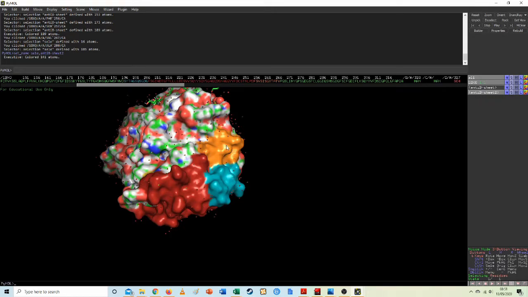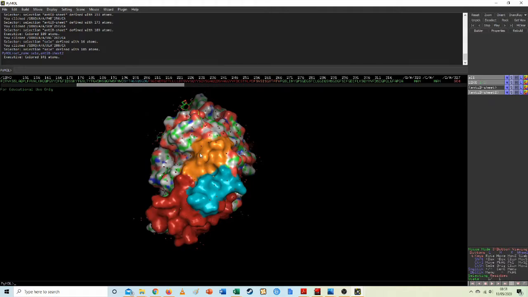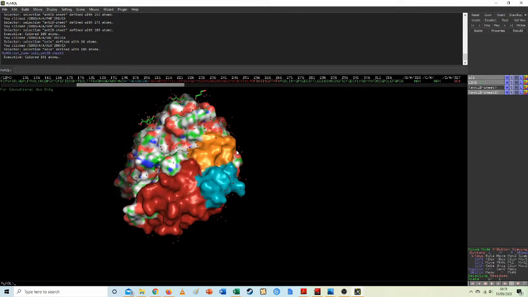However, they are part of the primary structure, but they are not part of the same section of the primary structure. So this is one section of the primary structure, and this is another section quite far away. Like you can see here, this is the primary structure here, and these are our residues.